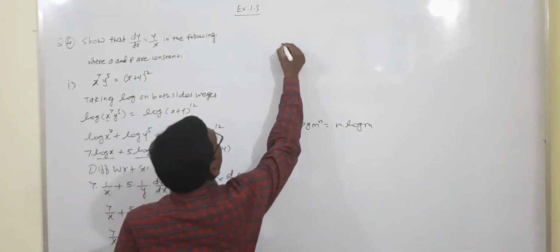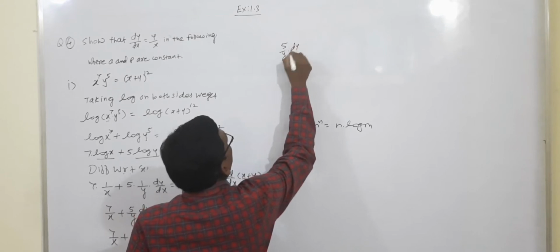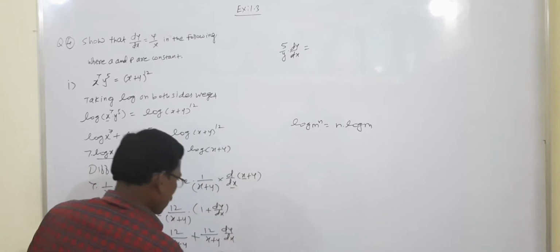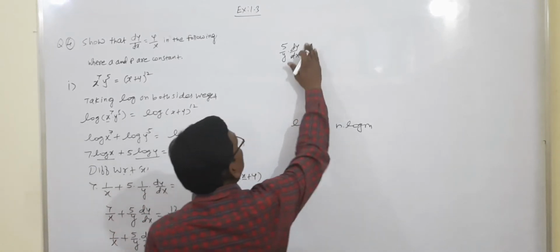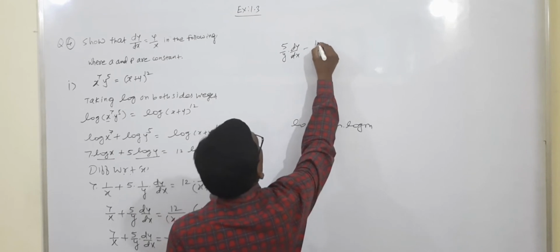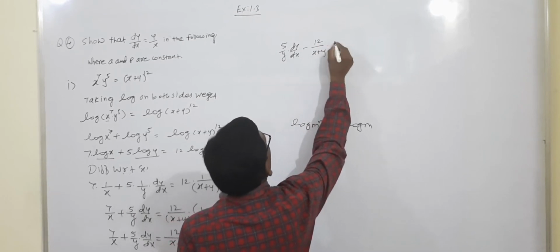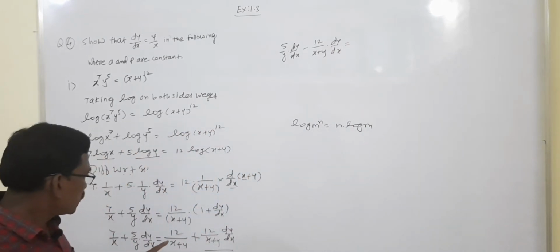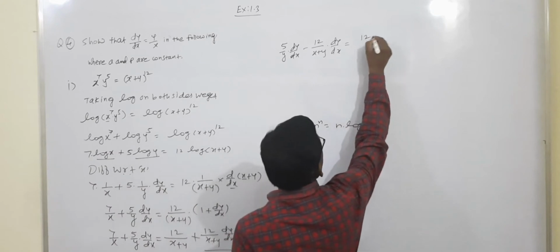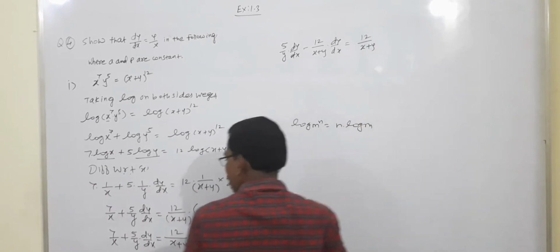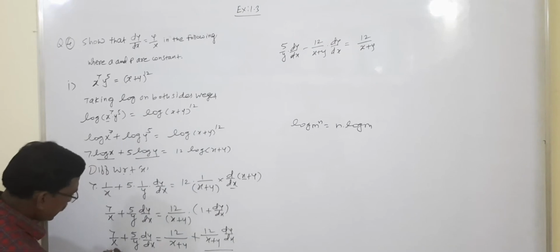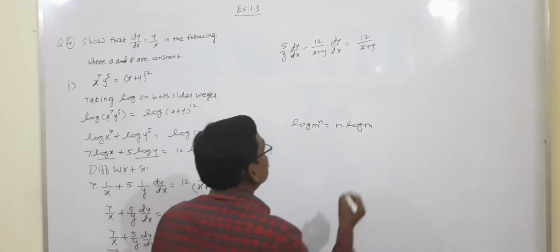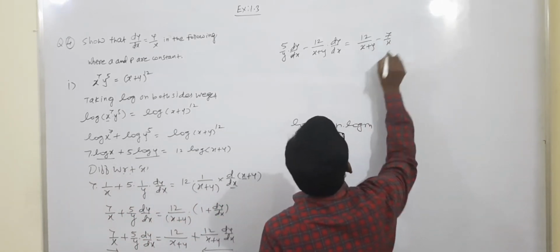So 5 by y into dy by dx, taking this term dy by dx to the LHS, it becomes minus 12 by x plus y into dy by dx is equal to 12 by x plus y as it is, and take this 7 by x term to the right hand side without dy by dx term, minus 7 by x.